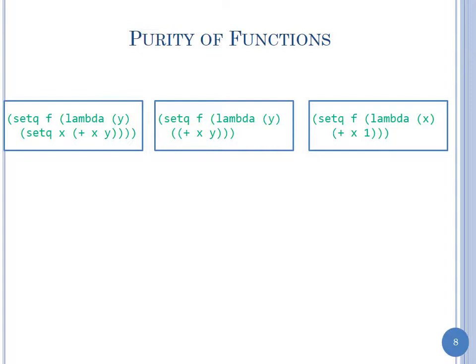So why is the middle one or the left one? Let's compare the left one and the middle one now. The middle one is computing a value with a global variable, and the left one is taking the value and assigning it to a variable.